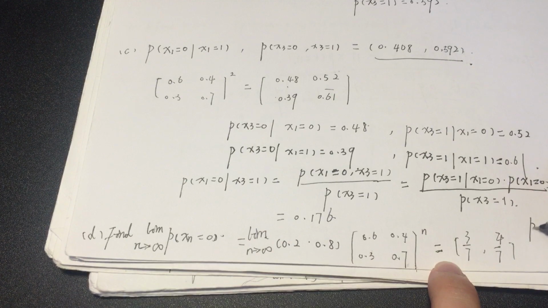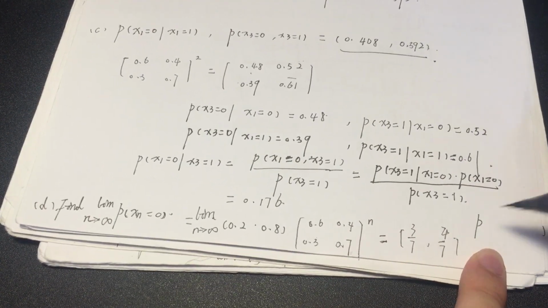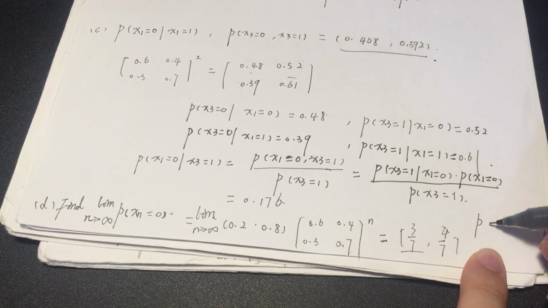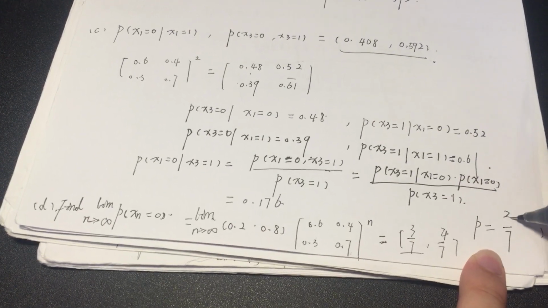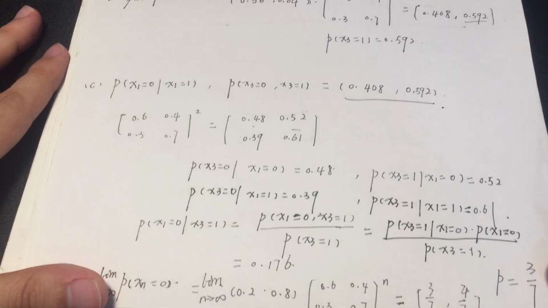And the probability of xn equals 0 is the first one. It should be 3 over 7. So that's the last question.